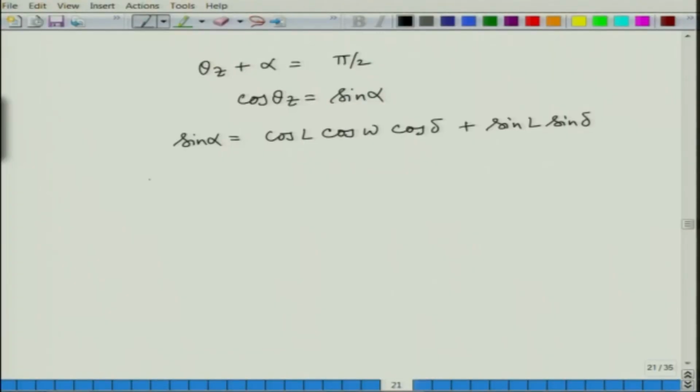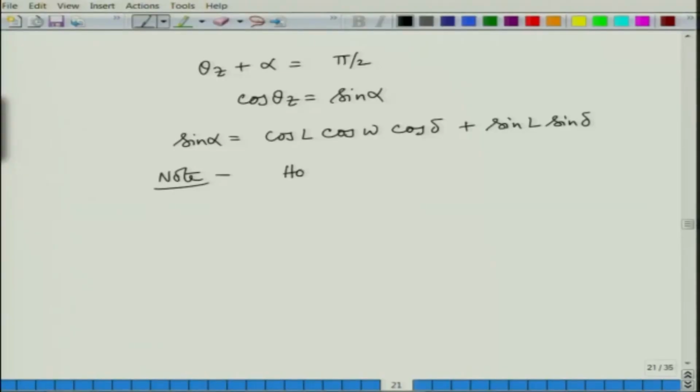Okay. And another thing I should note here, that whatever we are talking so far in this particular figure, we are talking of a horizontal plane, right, and that is why the normal is actually towards the vertical direction. The normal is making an angle of zenith, that is theta z with the sun rays.